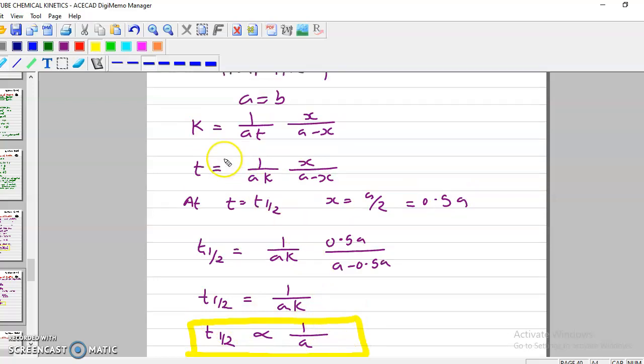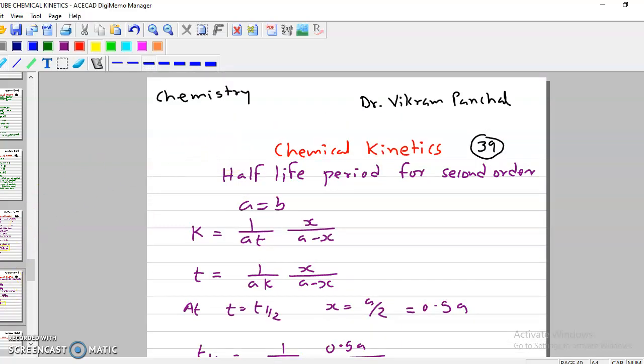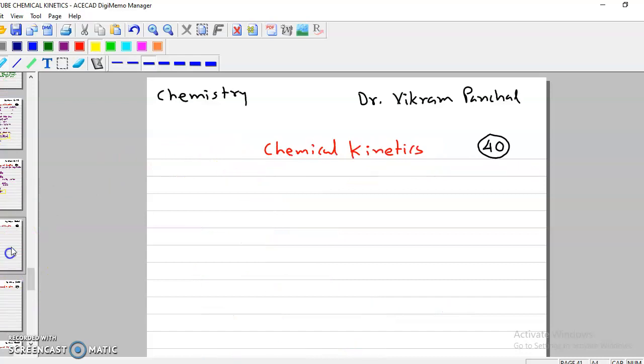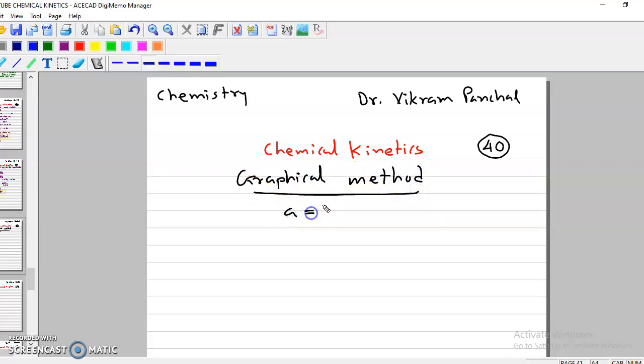Now we can use the graphical method to express second order reaction. The first one is when A is equal to B. We use the formula t is equal to 1 upon ak into x upon a minus x.